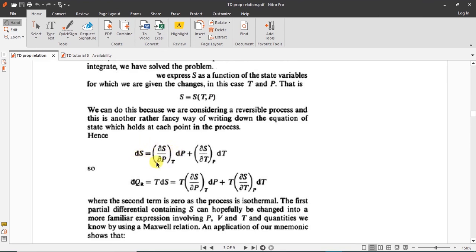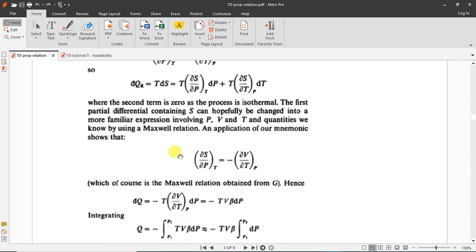Now multiply this equation by T on LHS and RHS. So what you will get? TdS is equal to T dou S by dou P at constant T dP plus T dou S by dou T at constant P dT. Now what is this TdS? It is del QR.